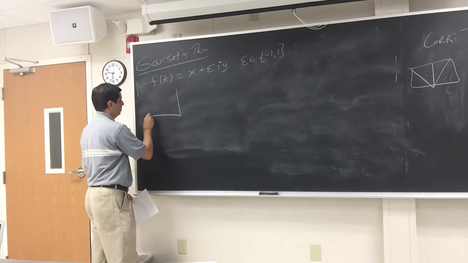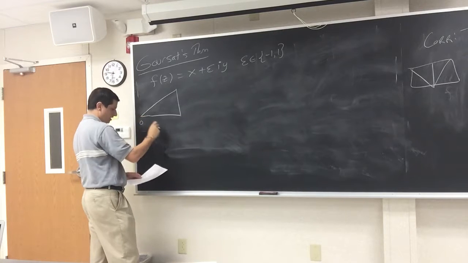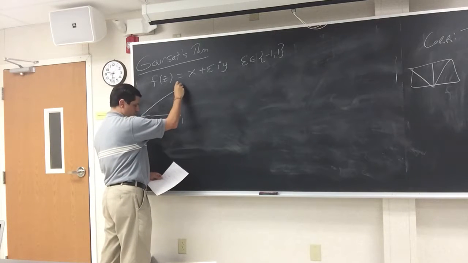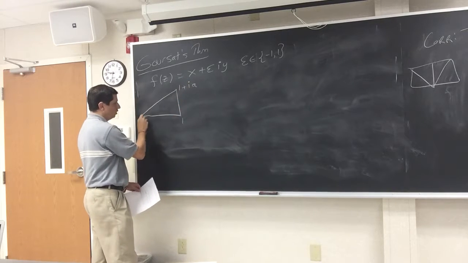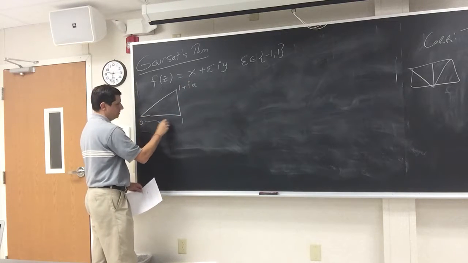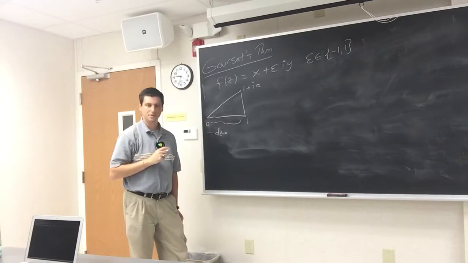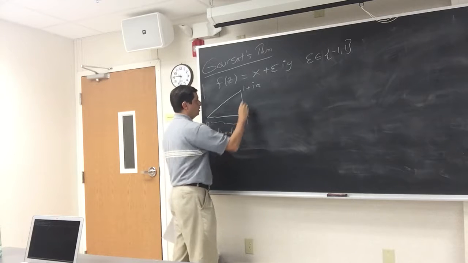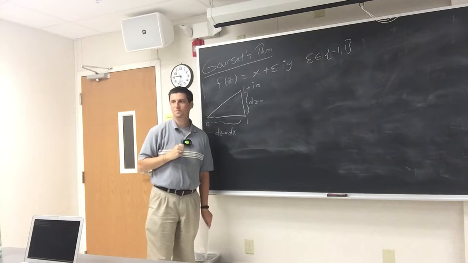So I want a triangle, and I want to use the same one that's in the notes. I want this point to be 0 over here. I want this point to be 1. I want this point to be 1 plus ia. Along this line over here, what does dz equal? dx. Along this line here, what does dz equal?